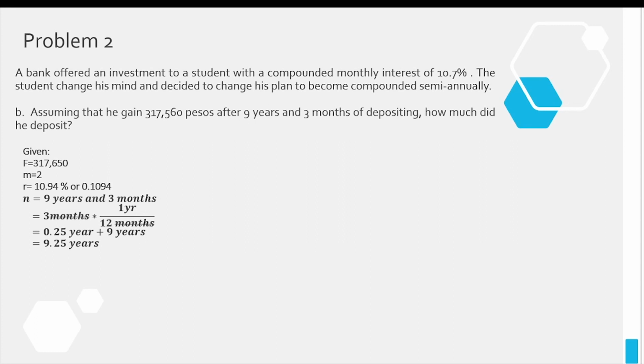Solving for the amount that he deposited, we have the formula F equals P times the quantity 1 plus r over m raised to m times n. So we have to substitute the given values. So 317,560 pesos equals P times the quantity 1 plus 0.1094 over 2 raised to 2 times 9.25.